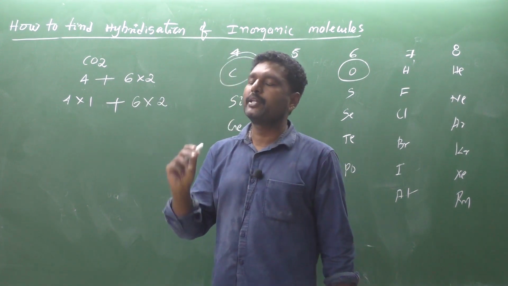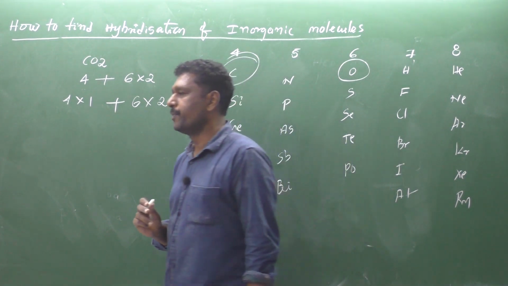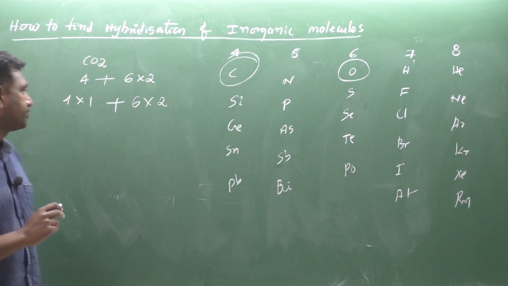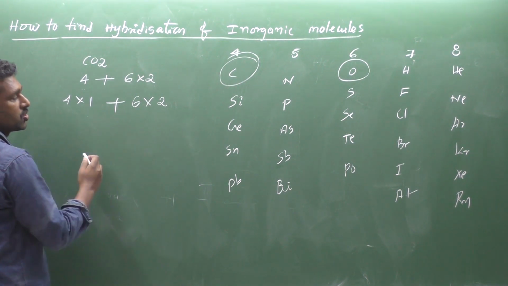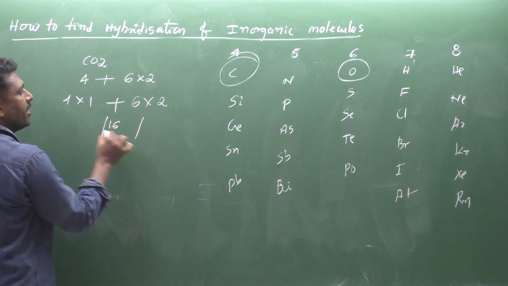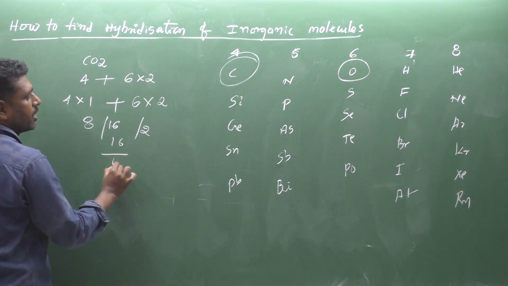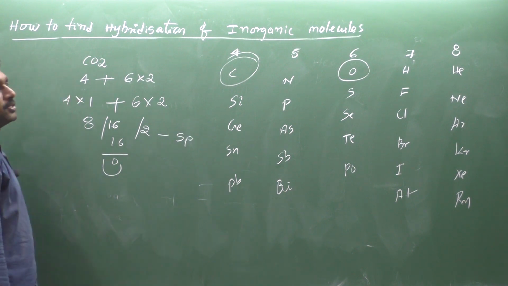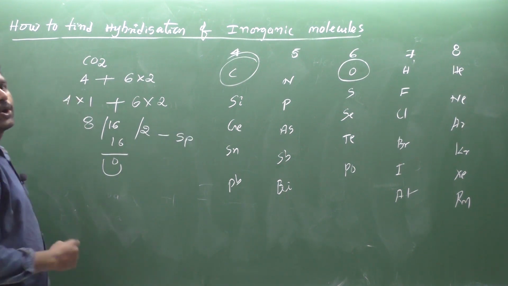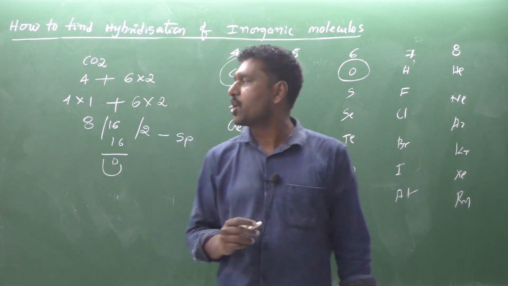This is the simple method to calculate hybridization. Therefore, 4 plus 12, 16. Divide by 8, 2 times 16, so the value is 2. That means sp hybridization. So in CO2, carbon undergoes sp hybridization only.